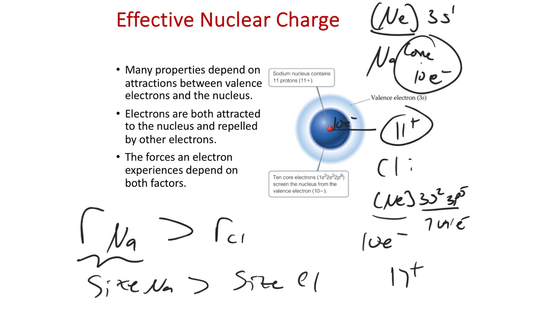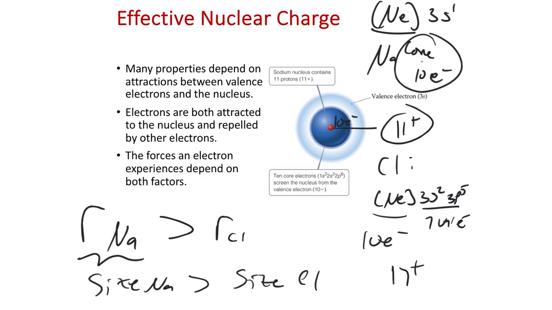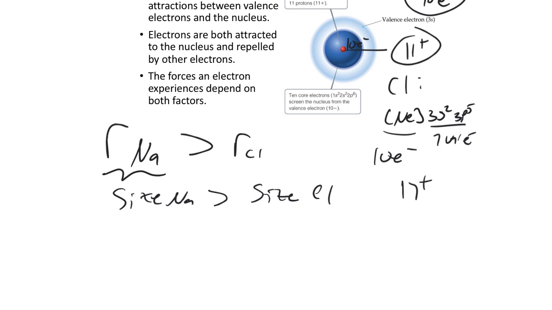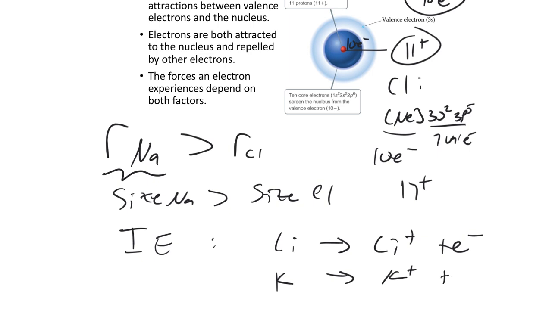Potassium reacted a lot faster, probably because the electron was easier to rip off. So potassium's ionization energy, we're going to see, was lower than lithium's. So if we compare, the ionization energy is the energy it takes to remove an electron. So this is the energy associated with things like lithium going to lithium plus an electron, or potassium going to potassium plus an electron.